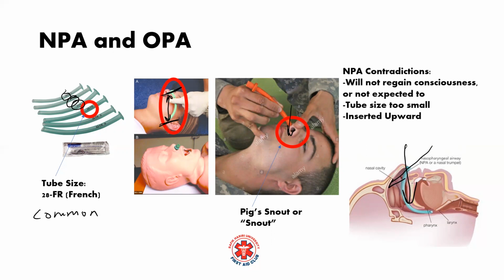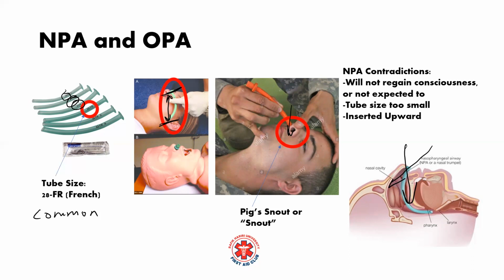Let's take a look at the contraindications. It will not regain consciousness, or we do not expect it to. We will use the nasopharyngeal airway if my patient is temporarily unconscious, but they will wake up again. We saw this in the revolution when the riot police were using tear gas.